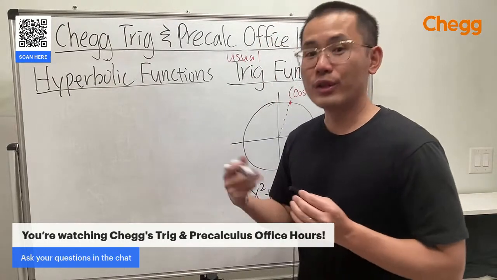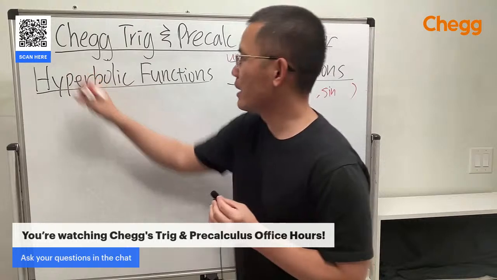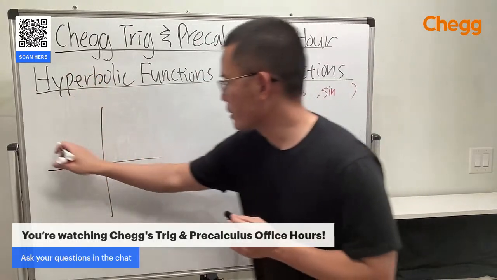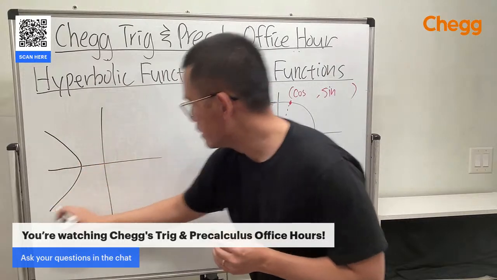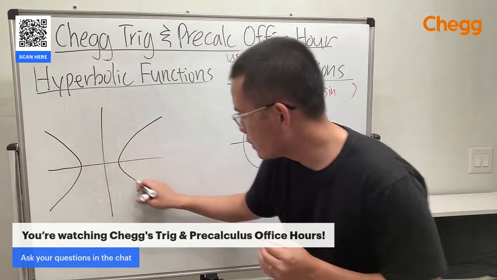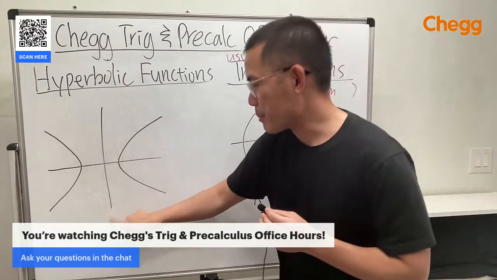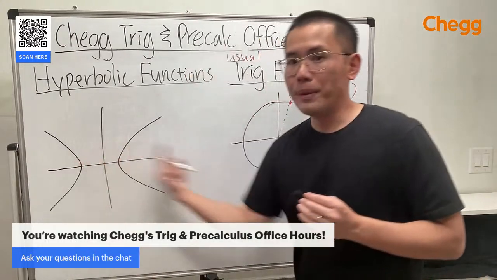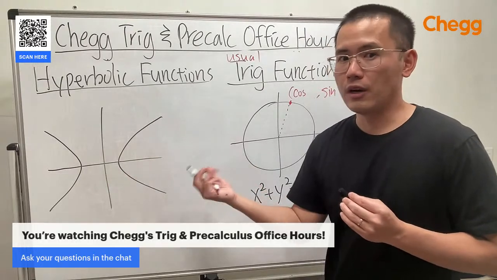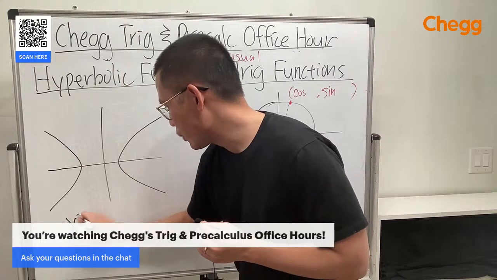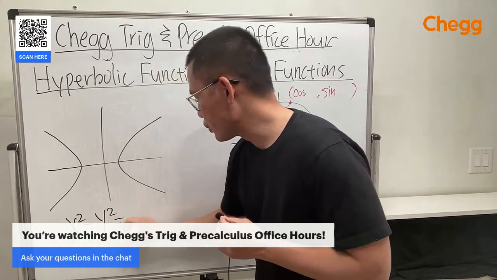Hyperbolic. We're talking about a hyperbola. I'm going to graph it for you. Hyperbolic, hyperbola. It opens left and right. This is the hyperbola that we are going to use. The equation is x squared minus y squared is equal to 1.